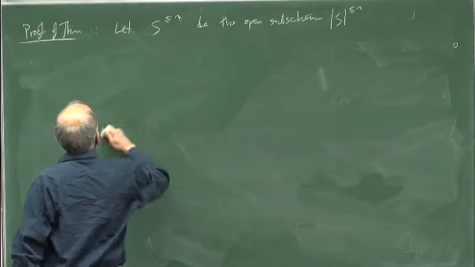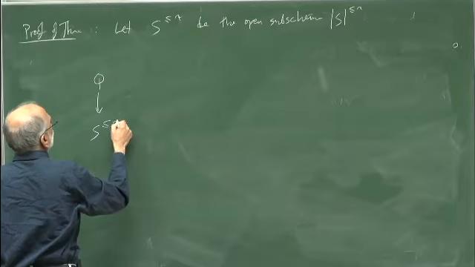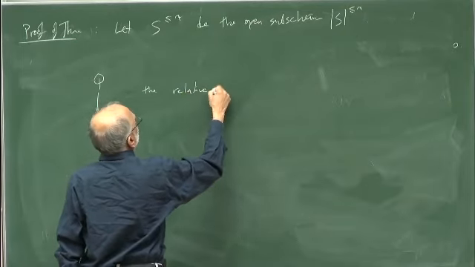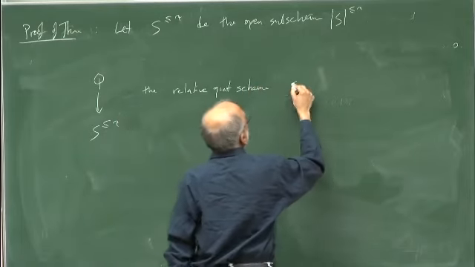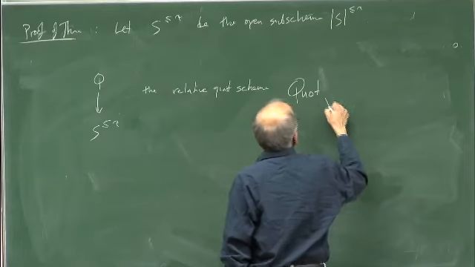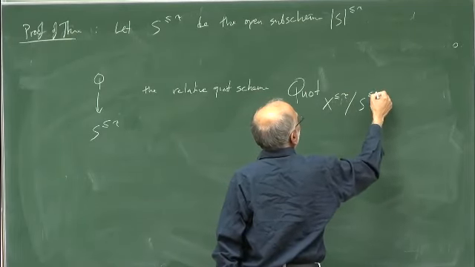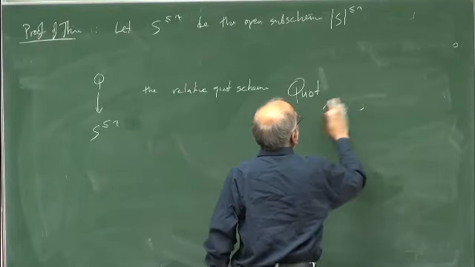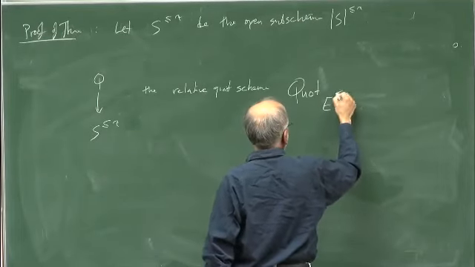And now I take the Quot scheme, the relative Quot scheme, how should I write it? Quot of X less than or equal to tau over S less than or equal to tau, and okay, so I should invent more and more notation.